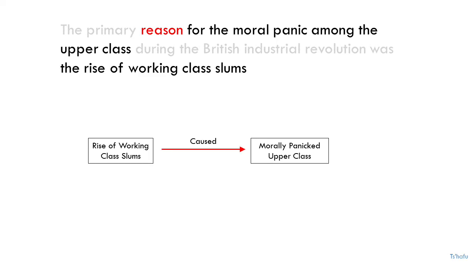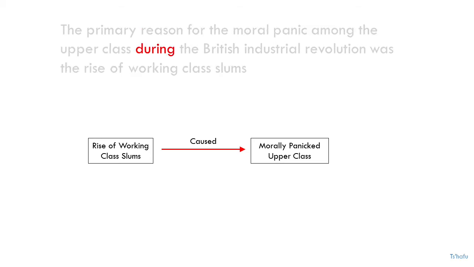And we can indicate it as this. Rise of the working class slums causes morally panicked upper class. And notice what we did here. Instead of using the word reason, I changed it to caused, just because it indicates this relationship more clearly. But the meaning is essentially the same, and therefore we can make this kind of change.